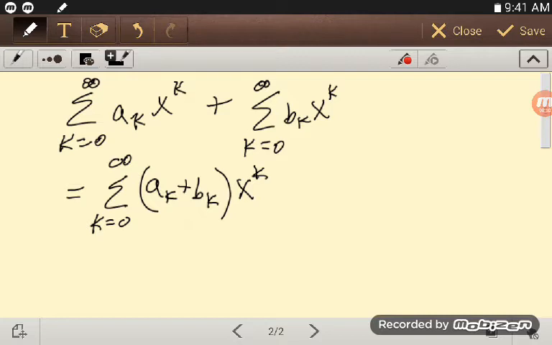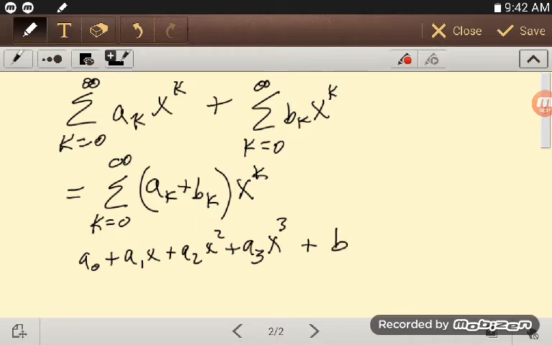So if you think of partial sums, we started with a0 plus a1x plus a2x squared plus a3x cubed. Suppose we only went up to 3, then b0 plus b1x plus b2x squared plus b3x cubed.